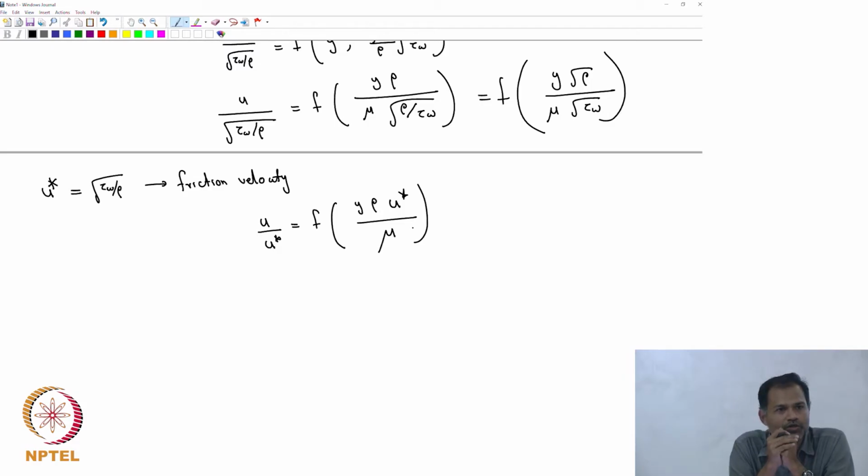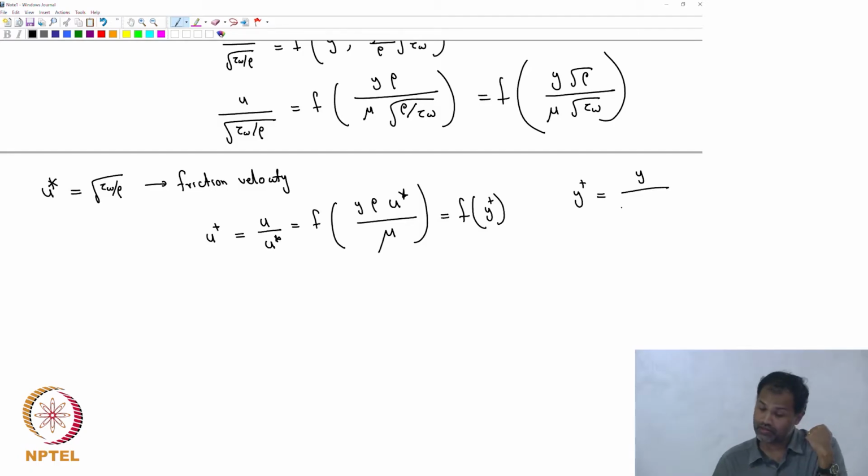So, if I replace root of tau w by rho, it is just u star, and u by u star is typically represented as u plus, and this is represented as a function of y plus, where y plus is y divided by mu by rho u star.